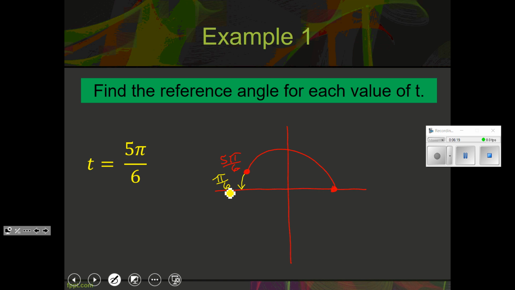Because if I was counting by 6s, halfway around would be 6 over 6, right? So if I'm only going 5 over 6, then how many is left to get to the x-axis? 1 more pi over 6. Okay? So this is going to be equal to pi over 6. That's your reference angle. Okay? Yes?